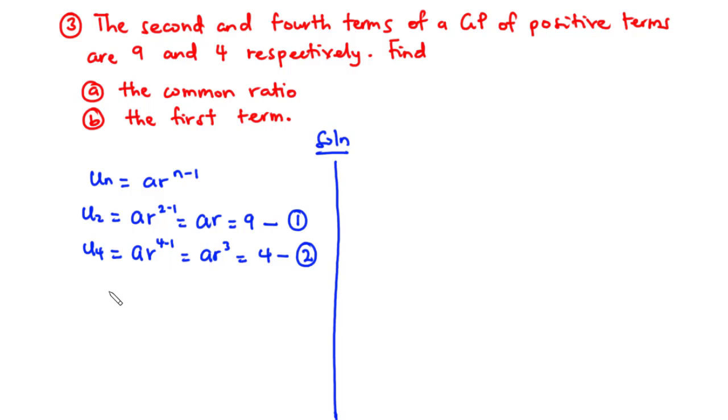Now to find the common ratio and the first term respectively, we are going to divide equation 1 by equation 2. So for equation 1, we have ar equals 9, and for equation 2, we have ar cubed equals 4.